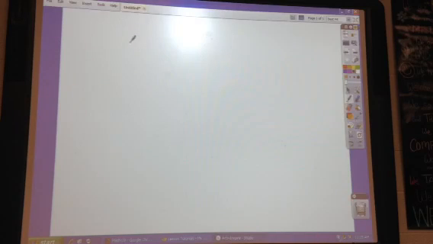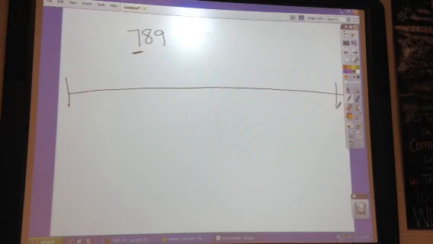We can do this with hundreds. The number lines with the hundreds are a little tricky. Obviously, we're going to find the 100s that 789 is between. Numbering this number line, a lot of students want to go 701, 702, 703, when actually they need to be numbering it by the 10s, just because this is a little more efficient and nobody wants to write 100 numbers between 700 and 800.